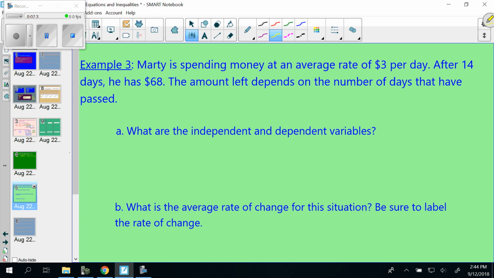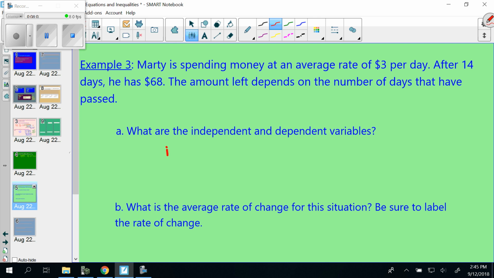Okay, example 3. Marty is spending money at the average rate of $3 per day. After 14 days, he has $68 left. The amount left depends on the number of days that have passed. What are the independent and dependent variables? Okay, so if we want to answer that, remember independent is like your input. What changes?